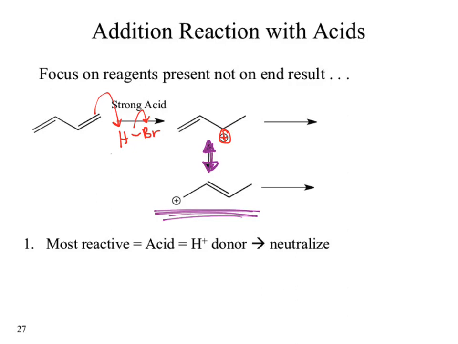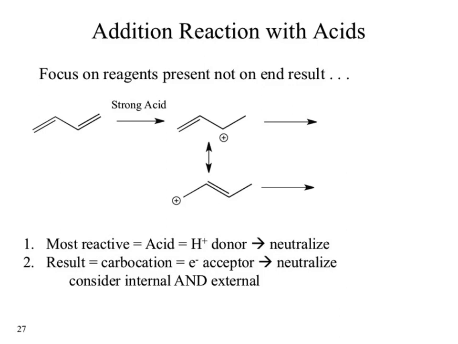We have the double-headed arrow pointing from one to the other. What does that double-headed arrow mean? Resonance. Those pi electrons shifted over to generate the bottom structure. That means there's two positively charged species that I need to be concerned about continuing on in the rest of the reaction.